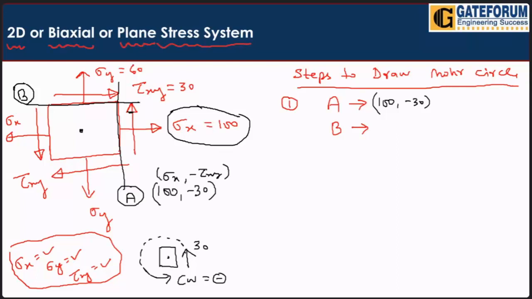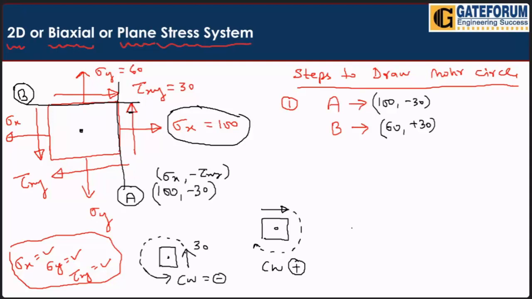What about B? Here we have sigma y, that is 60, and plus 30, because on this B plane the tau xy rotates clockwise, which is positive.